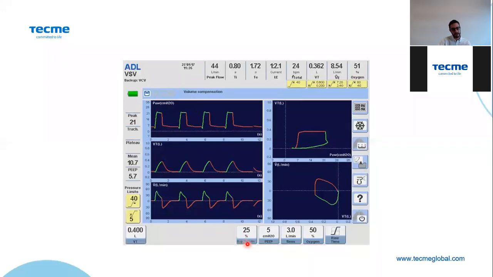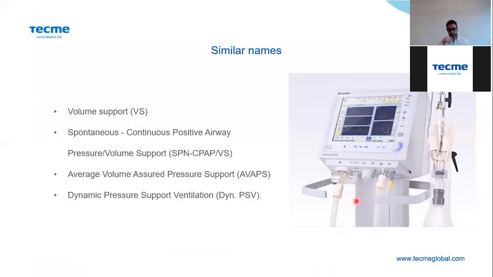It's the same as in pressure support mode, so you are setting a percentage of the peak flow, and it's the moment when the ventilator changes from inspiratory to expiratory. Then the other variables are the same: PEEP, inspiratory sensitivity, when it starts an inspiratory phase, oxygen concentration, and rise time. Perfect.